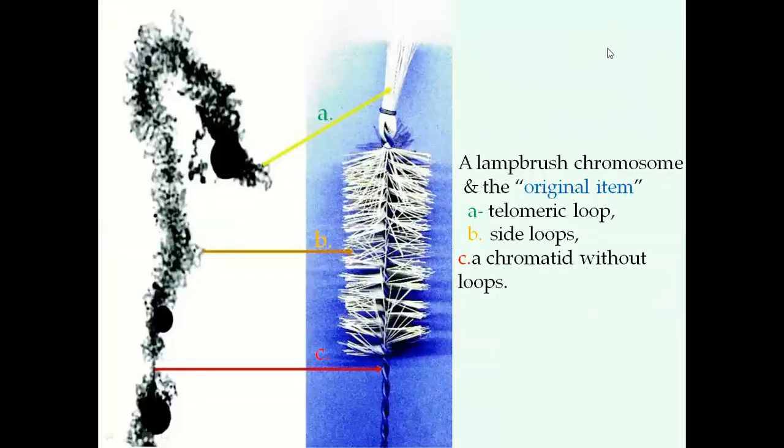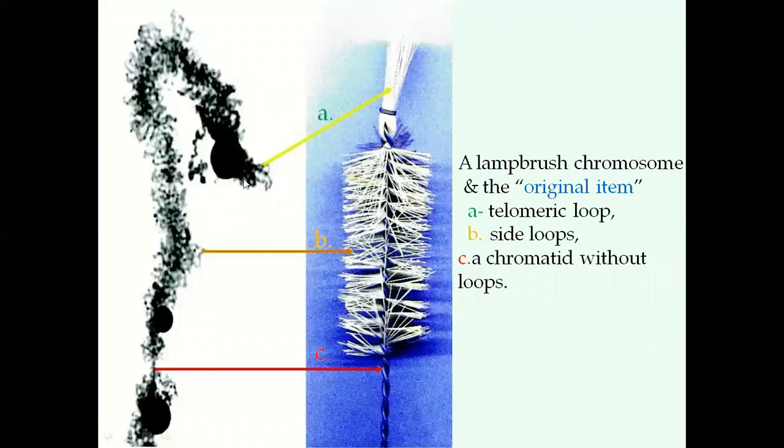See here, this is the Lampbrush chromosome. So this is the chromosomal chromatid. On the axis of the chromatid, lateral loops are there. These are the lateral loops.